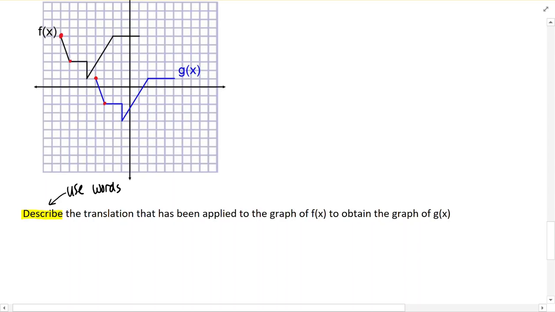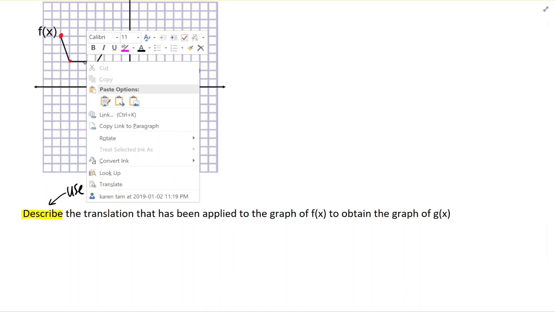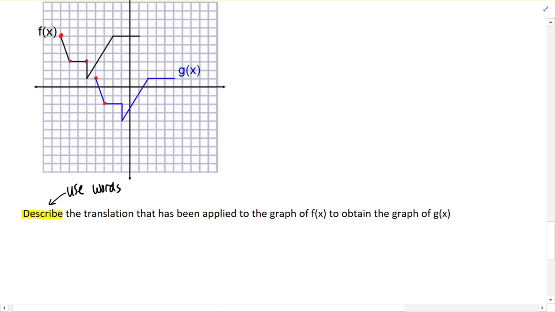There are 6 different key points here. Key points are points that are clearly on intersecting coordinates, and they have moved from one spot to another. I'm just going to compare this spot that's furthest to the left on both graphs.